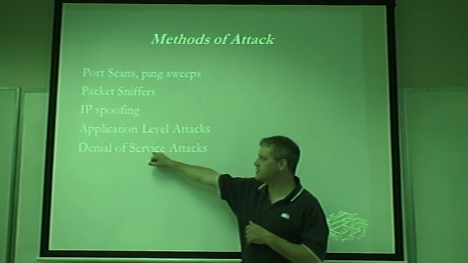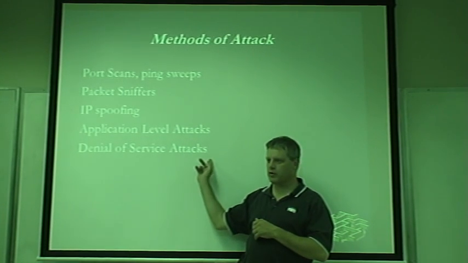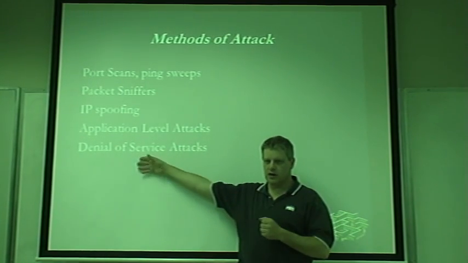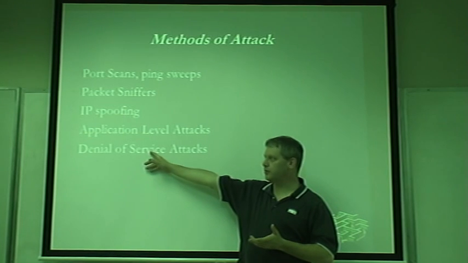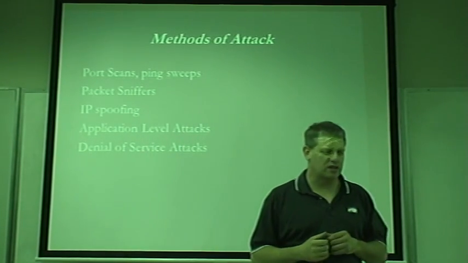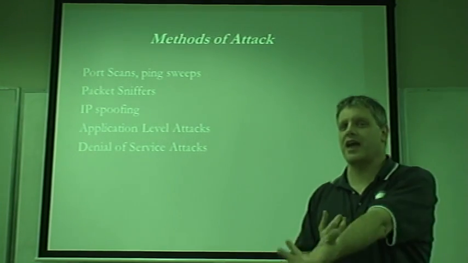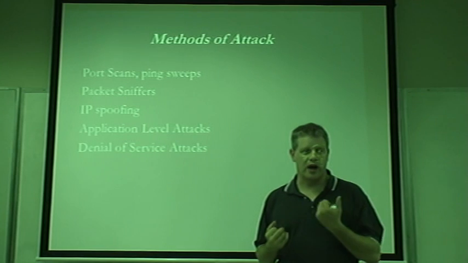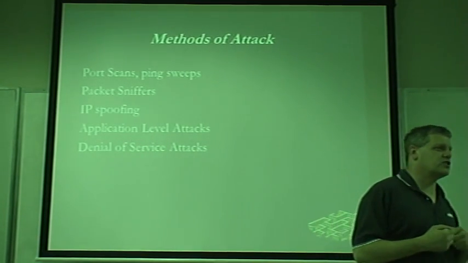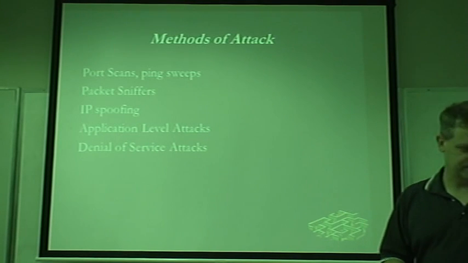This is nothing more than who has the bigger amount of bandwidth to overcome things. Application level attacks are what you worry about, because that is how hackers get into systems and gain information, pulling out personal identification information, account information, etc.